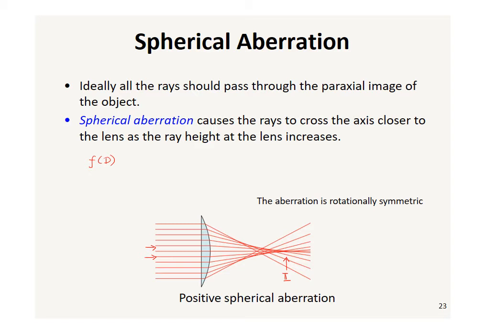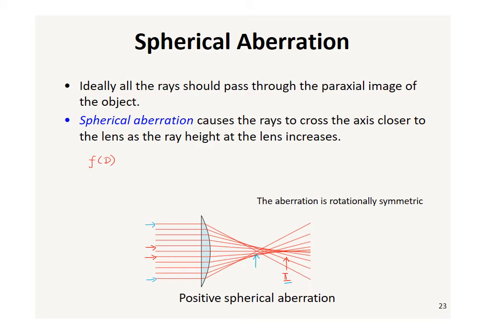As the ray height increases, then the position at which they focus moves further and further away from the original paraxial focus.